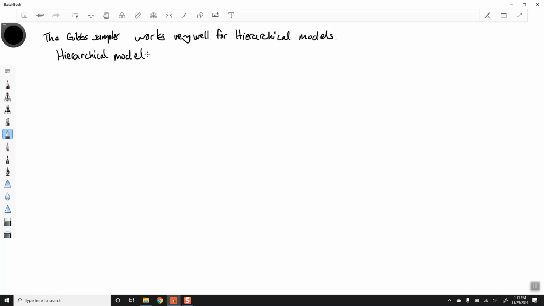The Gibbs sampler works very well for hierarchical models, and that's because hierarchical models are set up via conditional distributions.